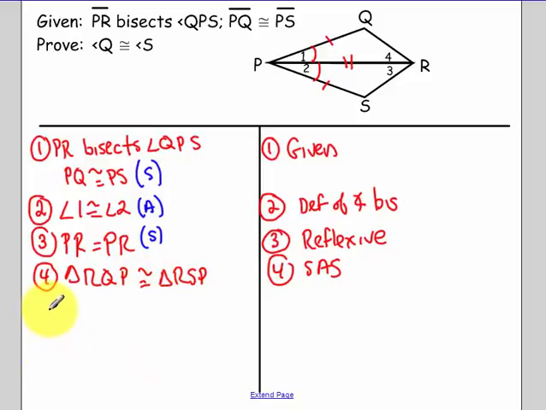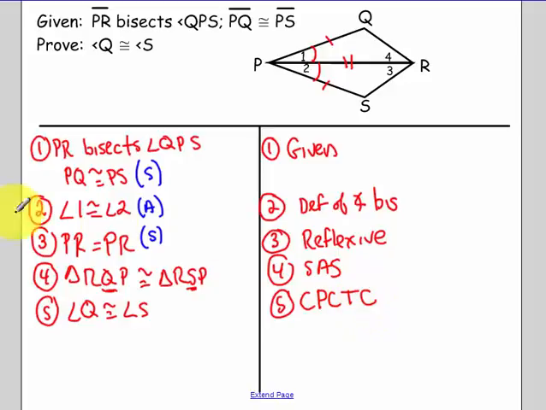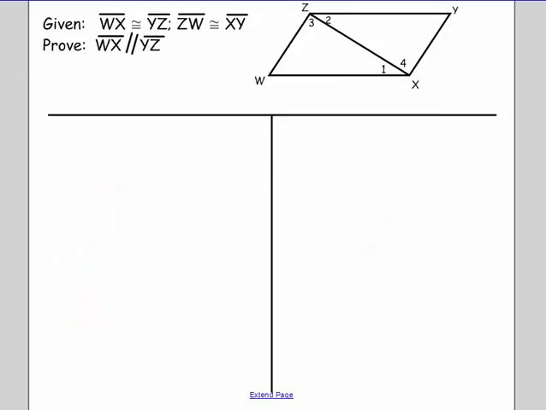So then now, angle Q is congruent to angle S because of corresponding parts of congruent triangles are congruent. Our next proof.